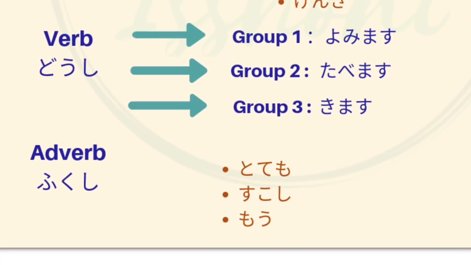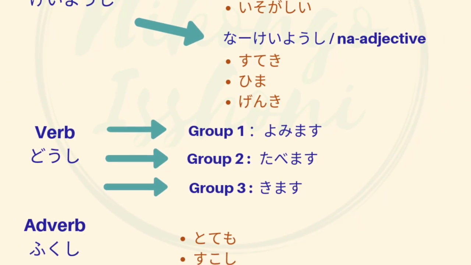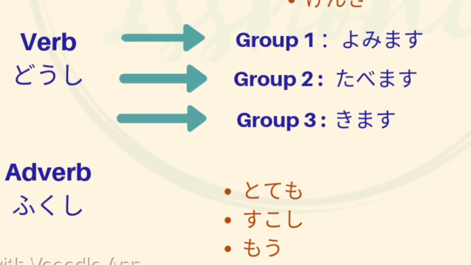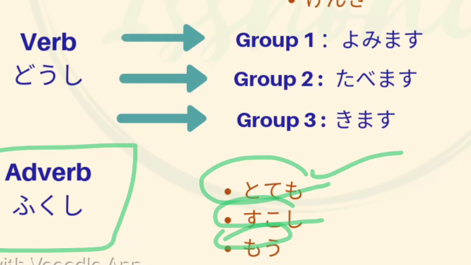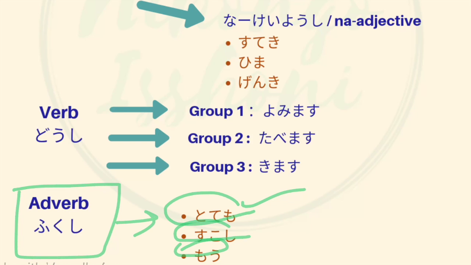Then the next we have is adverbs, that is fukushi. The words such as totemo, sukoshi, mo. We already know what adverbs are, right? Something which modifies a verb or adjective.